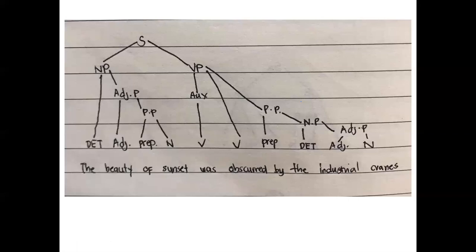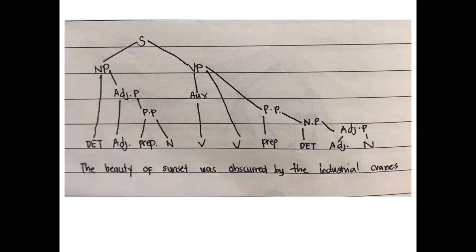Do not think about that. As long as you have different verbs, you should always keep the verb as its own category. It really depends on the phrases, but verbs are verbs. So was is a verb, obscured is a verb, but in here, by the industrial cranes is another phrase, and this is a prepositional phrase because it starts with a preposition.